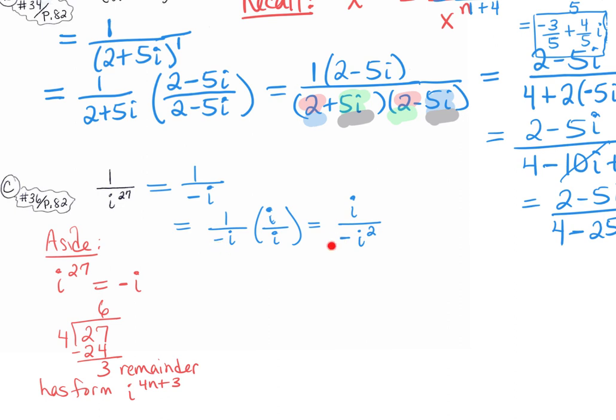That negative comes over because negative times a positive is a negative. But we know i squared is the same thing as what? Negative 1. So we have negative times negative 1. And what does that give us? i over positive 1. Good. Which is what? i. Very good. So that's our answer. Questions?